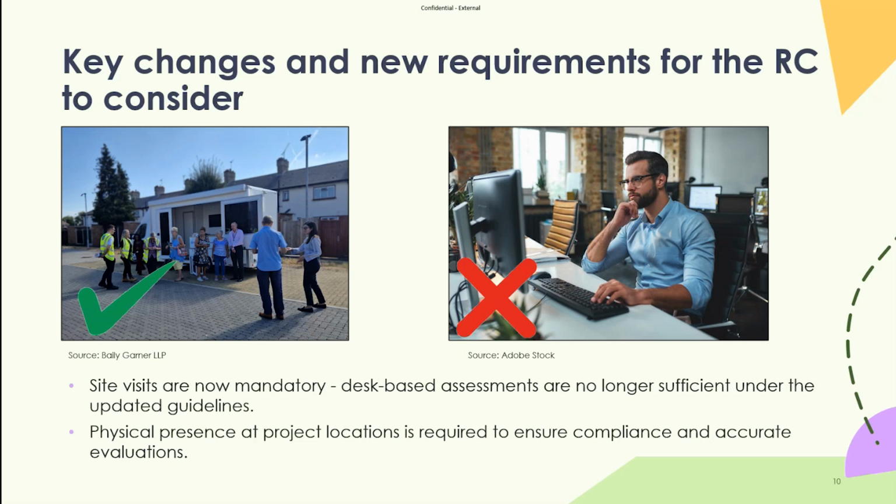One of the, I guess, most fundamental and probably talked about changes in relation to the RC role was in relation to their requirements of site inspections and visits. So what there was previously was the RC would be involved through the start of the project, and then the installation stage would be passed to the installer and governed by 2030.